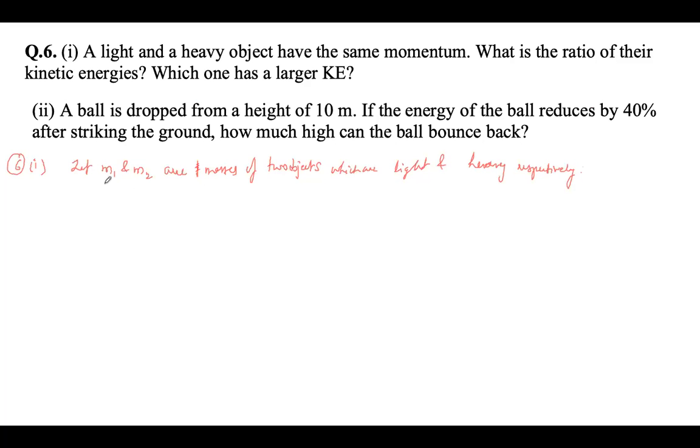So m1 is the lighter one, m2 is the heavier one, right? They have the same momentum, है ना? So let their velocities be v1 and v2.